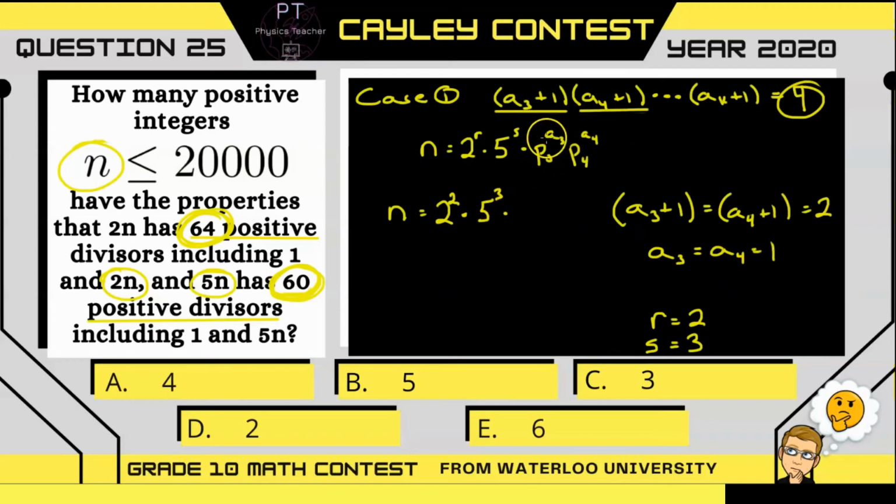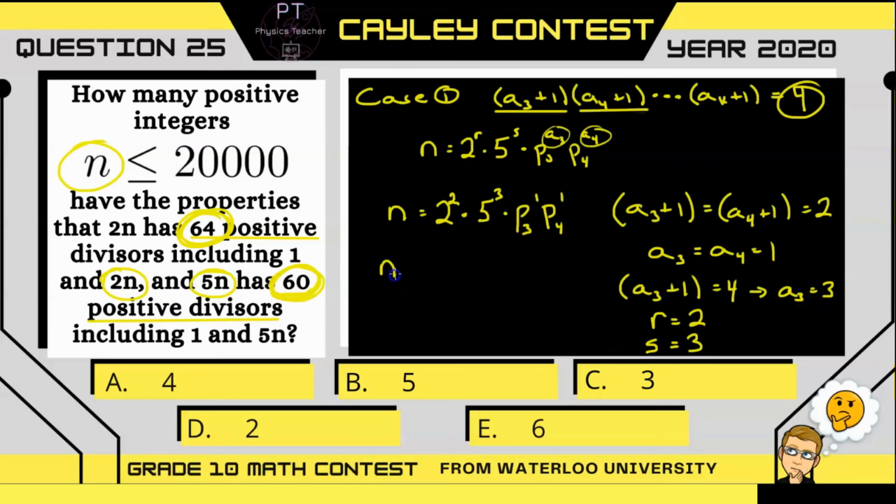In that case, if both a3 and a4 were equal to 1, then we would have some prime, let's call it p3, don't know what it is, but it would be to the power of 1, times some other prime also to the power of 1. Then we also had the case where just a3 + 1 was equal to 4 on its own in order for this to be true. And if that's the case, then a3 would be equal to 3.